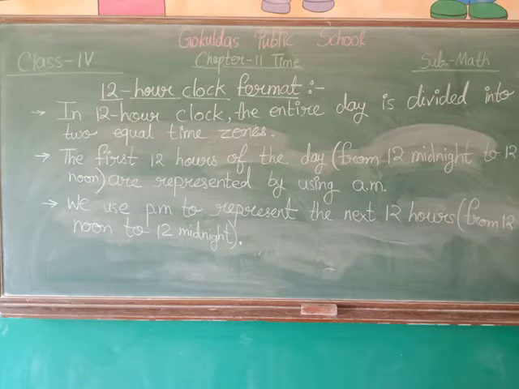The first 12 hours of the day, that is from 12 midnight to 12 noon, means the time period from exactly 12 at night to 12 in the daytime, we represent that time by using AM. And we use PM to represent the next 12 hours, that is from 12 noon to 12 midnight, meaning the time period from 12 in the afternoon to 12 at night. We use PM for that timing. Okay, so remember this thing.